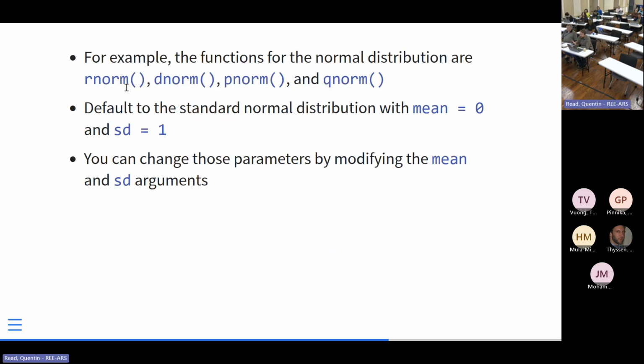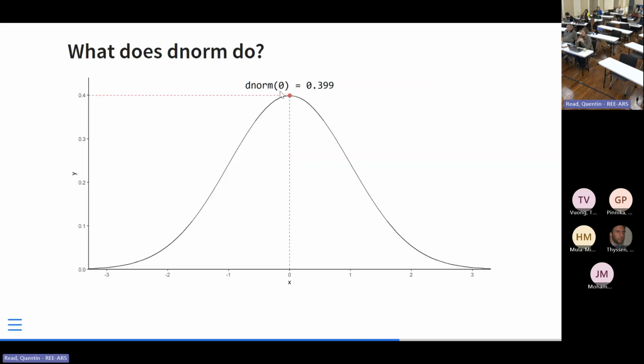Again, the normal distribution, rnorm, always has the default of mean 0 and standard deviation 1. That's the standard normal, but you can change that by changing the mean and sd arguments every time. What dnorm does is tell you what the value of the bell curve is at that point.